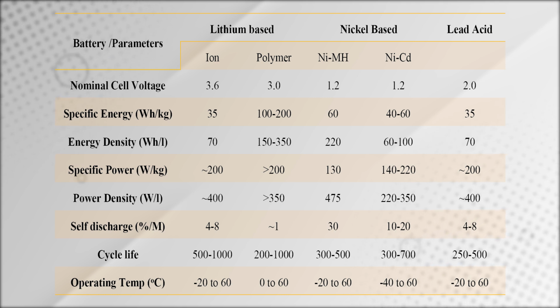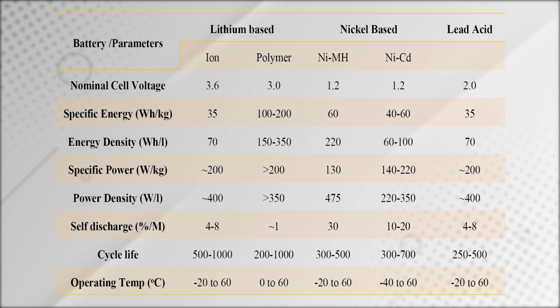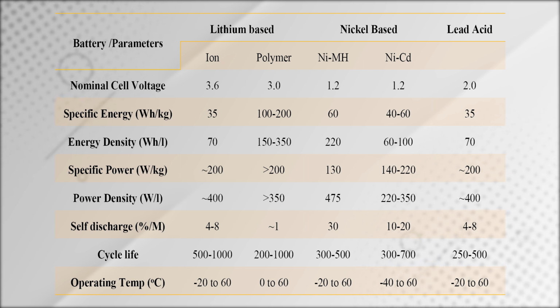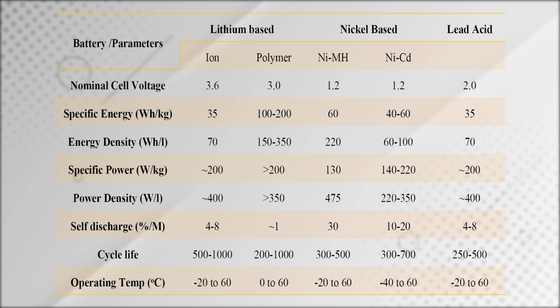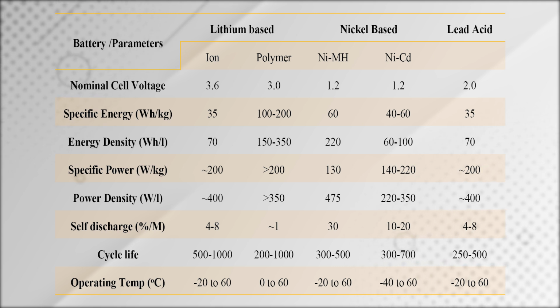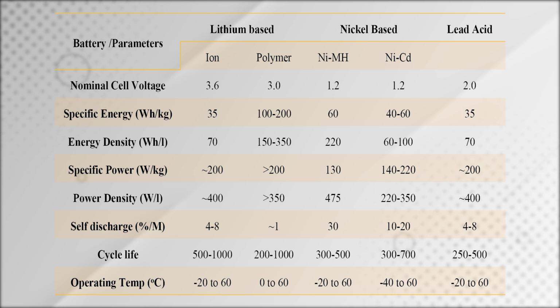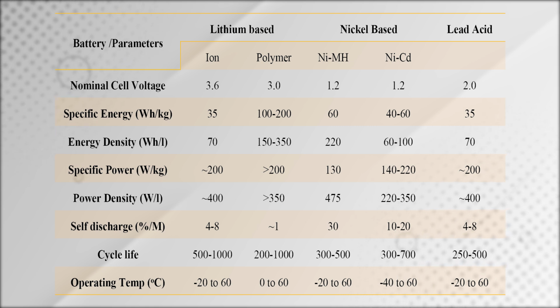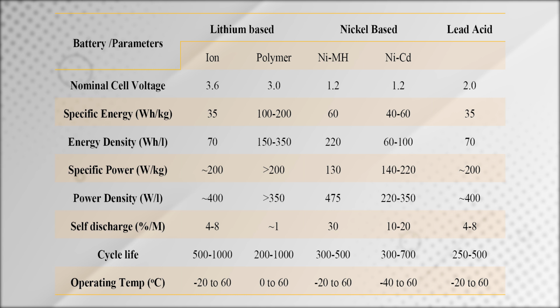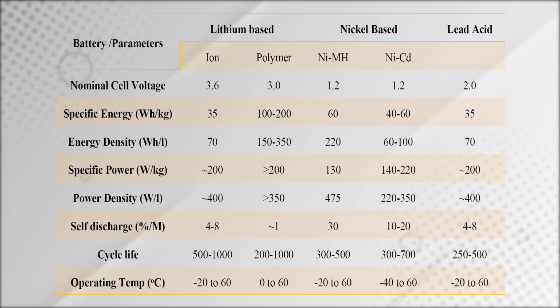So, if there is a competition for selection of a battery, whether one should go for a lithium based battery, a nickel based battery or a lead acid battery, this particular table along with these characteristics will certainly help in identifying the battery for a particular application.